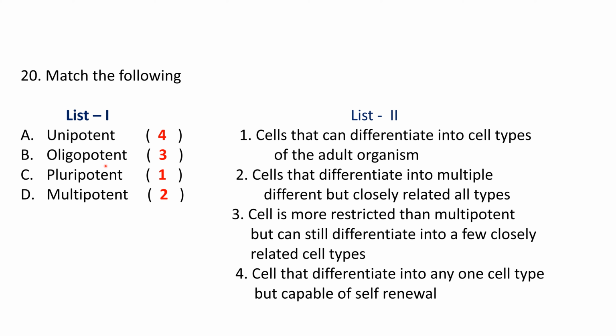Then oligopotent: a cell more restricted than multipotent but that can still differentiate into a few closely related types. Then pluripotent: cells that can differentiate into all cell types of an adult organism. Multipotent: cells that differentiate into multiple different but closely related cell types. So this is unipotent, oligopotent, pluripotent, multipotent.